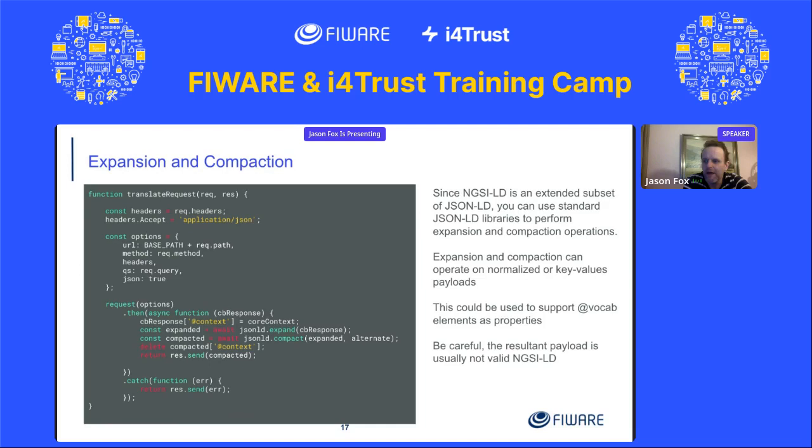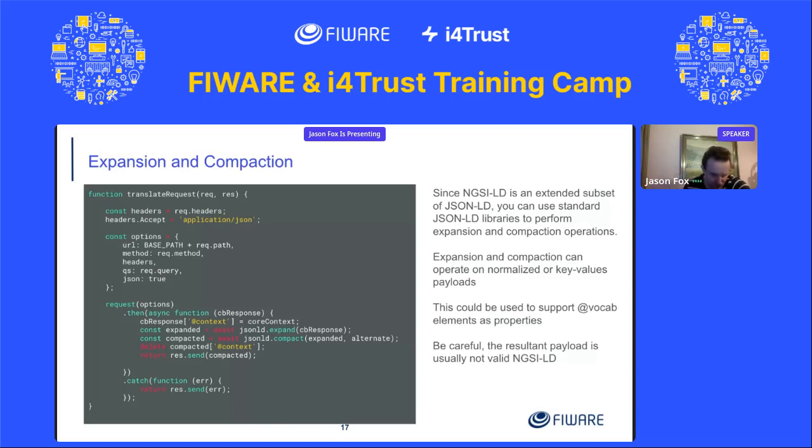Now there are multiple libraries which can be used to do this, so you don't have to worry about it too much. But this is really, really useful in that if you have data from an external source and it needs some sort of minor modifications, then just do expand, compact, and you get the data out in the format you're able to use. The usable format is always what we call key-value pairs.